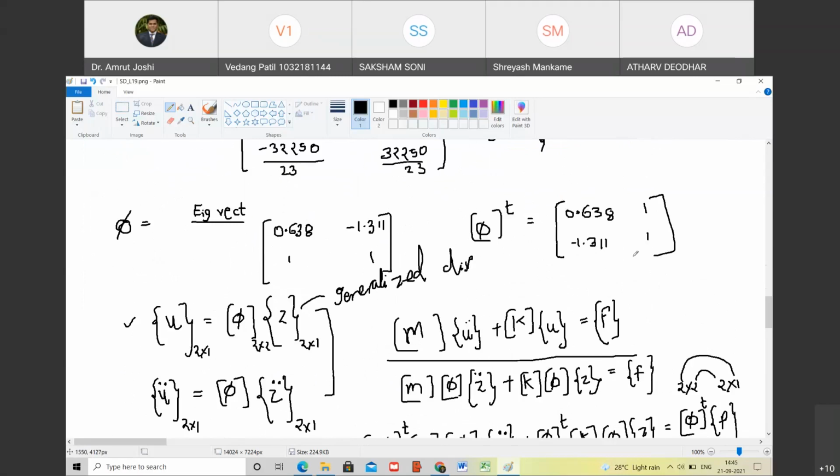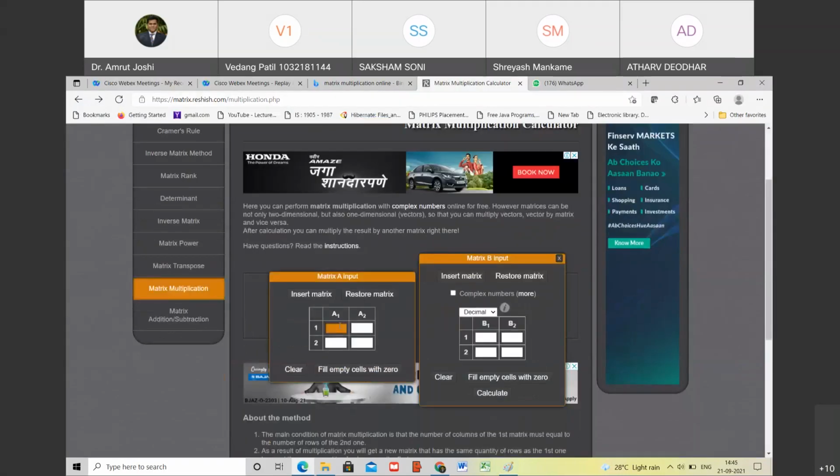Okay. Now tell me phi transpose matrix. What are the elements? 0.638, 0.638, then 1, 1, minus 1.311, and 1. So this is phi transpose. Tell me K matrix now. K matrix: 64.5, that is into 10 power 5, right?